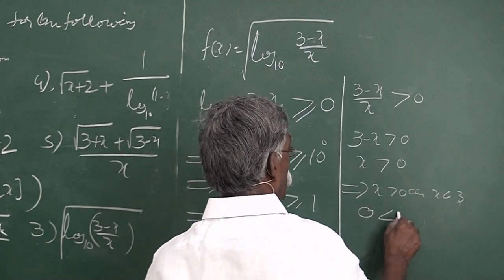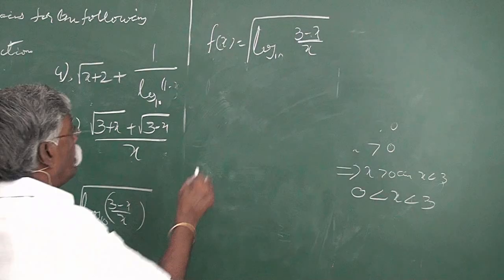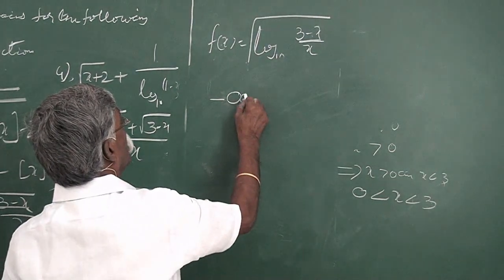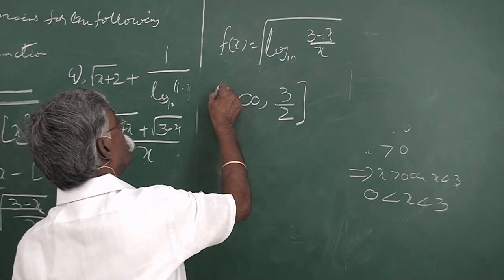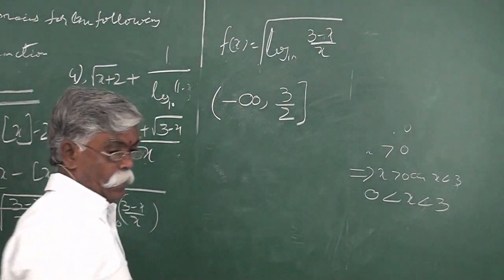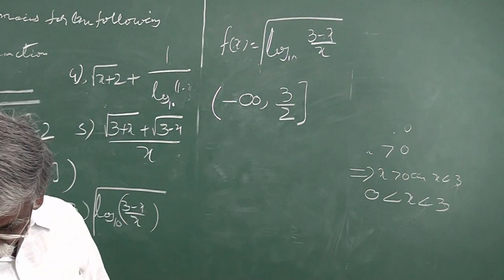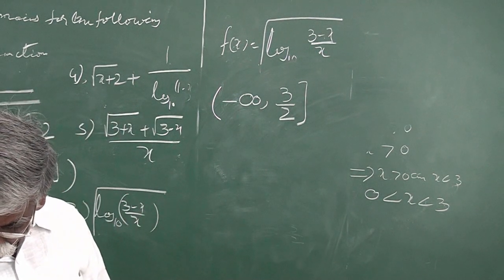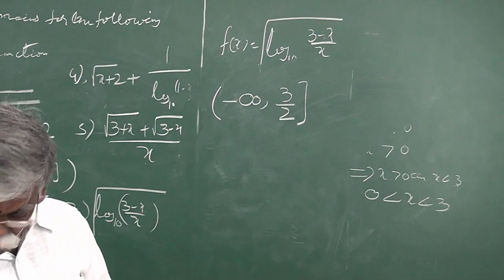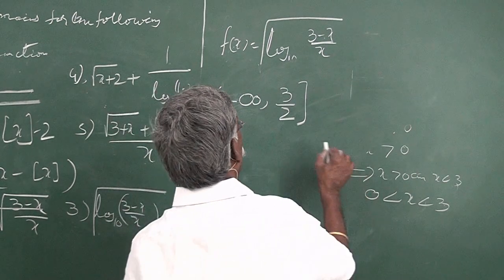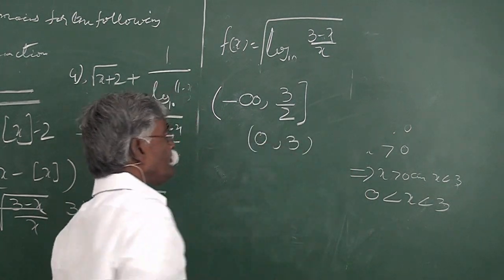Therefore, 0 is less than x is less than 3. So one interval is minus infinity to 3 by 2, and now the other interval is 0 to 3.